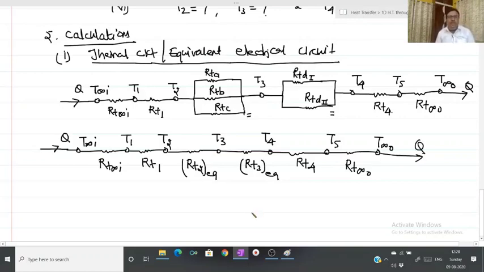So this way I can represent the electrical equivalent circuit or thermal circuit of the given problem.